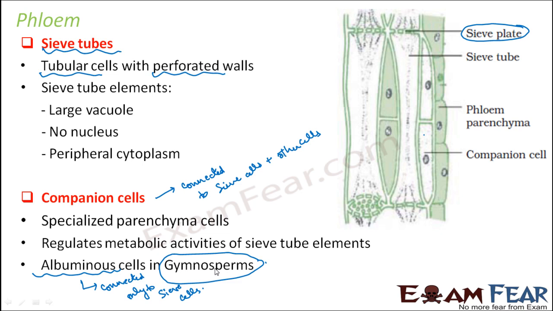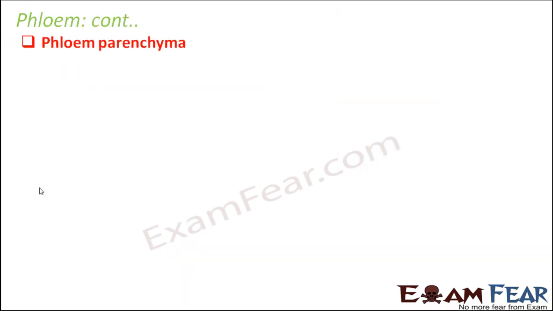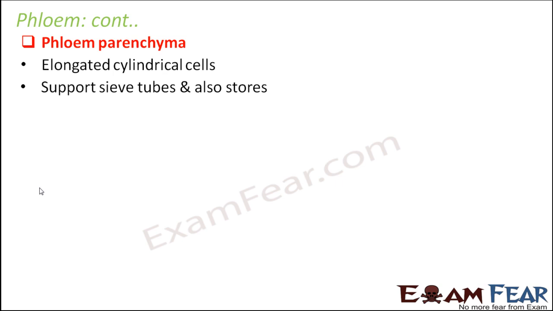Okay, so we covered two elements, sieve tubes and companion cells. Let us look at the third one, that is phloem parenchyma. So parenchyma, when you talk about the shape, they are elongated cylindrical cells. They support sieve tubes and also store compounds like starch, because food storage is again a primary function of parenchyma.